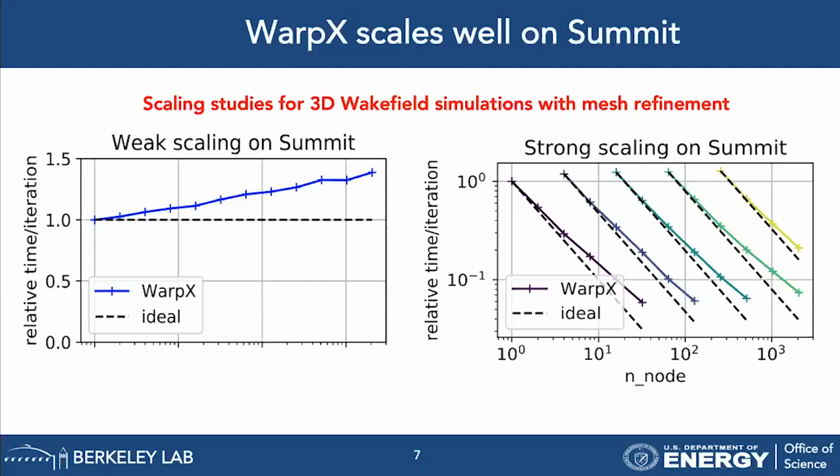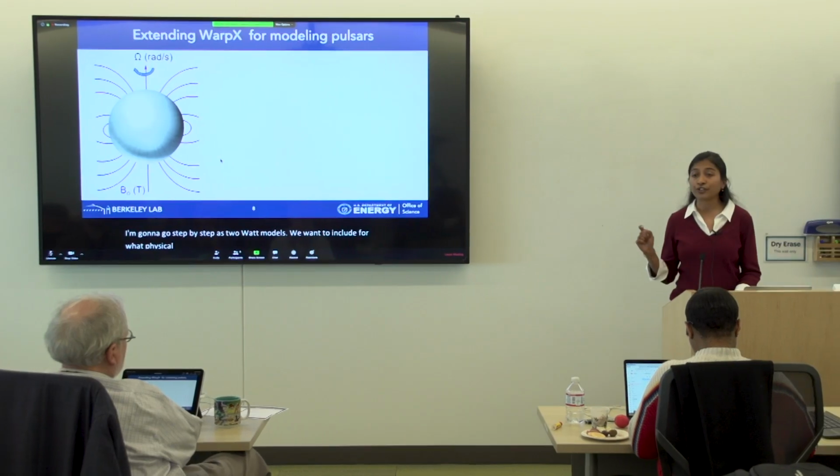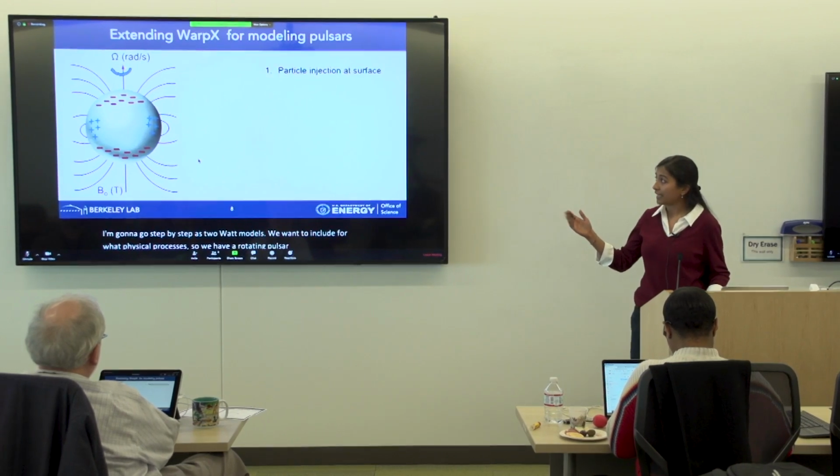So we have our problem, we have WARP-X, and we want to extend it for studying pulsar magnetospheres. I'm going to go step by step as to what models we want to include and for what physical processes. So we have a rotating pulsar with a dipole magnetic field.